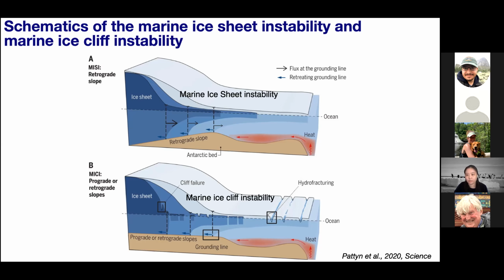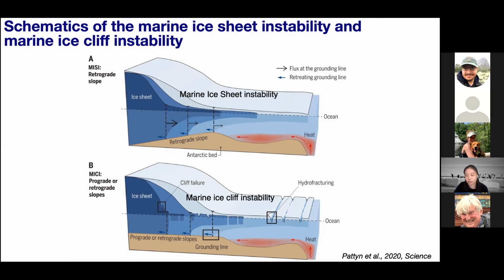These surface crevices may get wider and deeper, and eventually the ice shelf will collapse, thus reducing the ice shelf's buttressing. So either mechanism shows the geometry changes in the ice shelves can affect the ice sheet's stability.